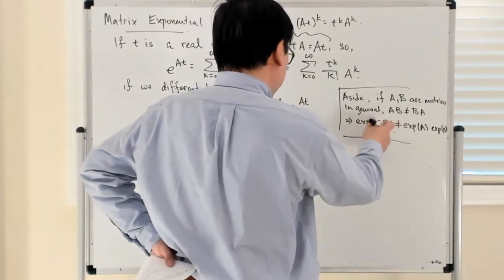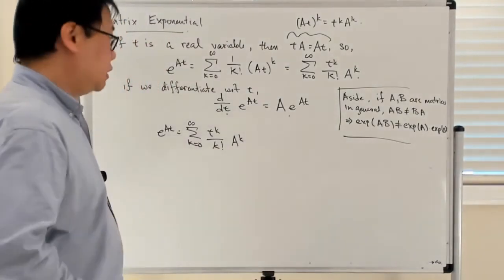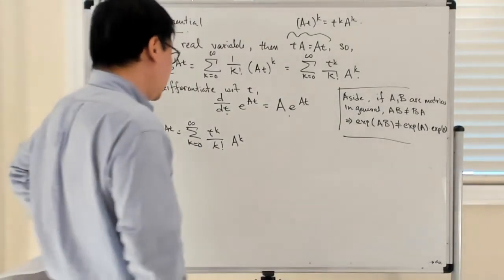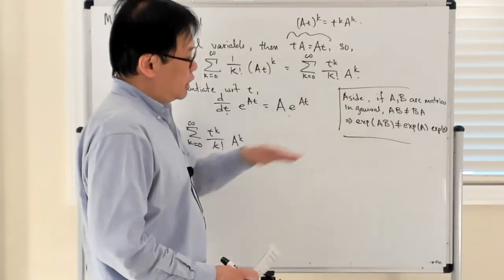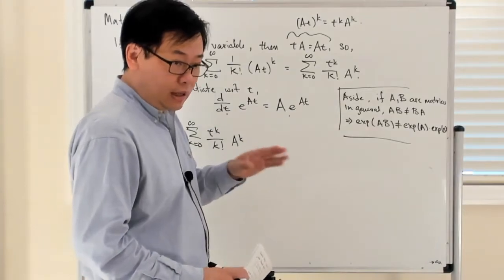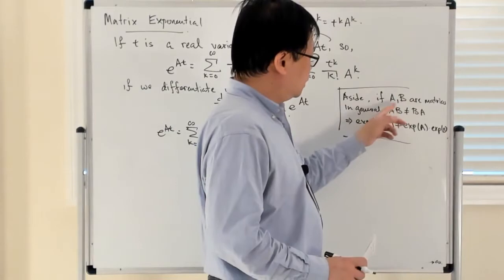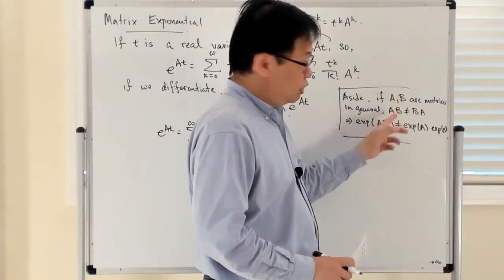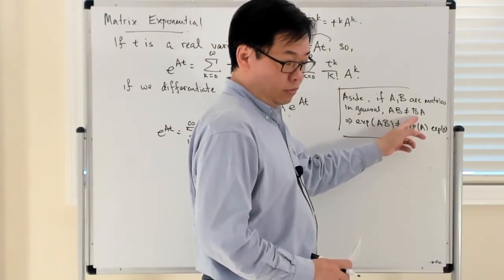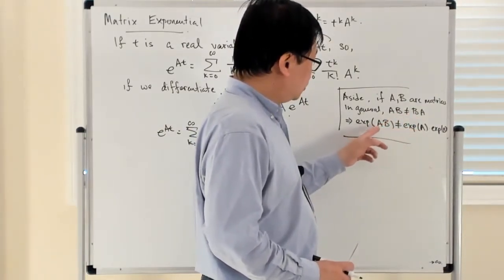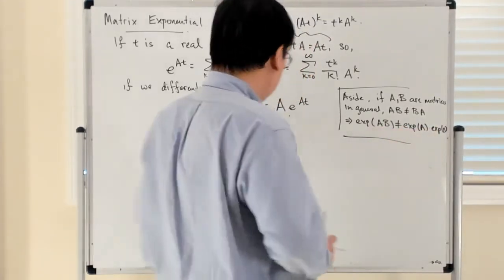There are ways to figure out what that product is, but it will involve commutators, so one has to be a little bit careful here. So that's something to keep in mind as you go from exponentials of scalar values to exponentials of matrices. Again, if A and B are matrices which do not commute with each other under matrix products, then the exponential of the sum is not equal to the product of the exponentials. That is very important to keep in mind.